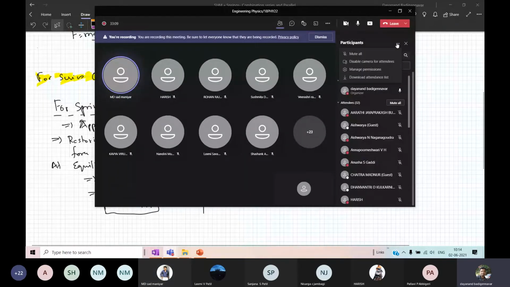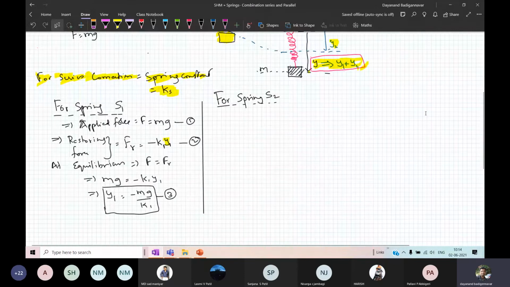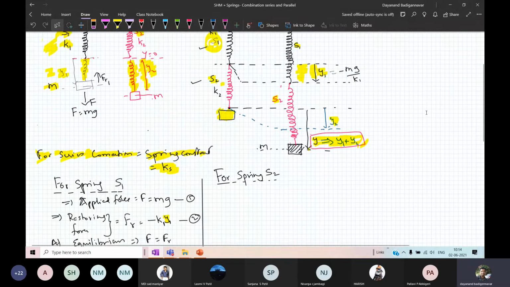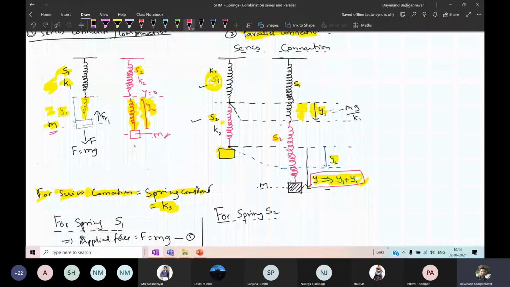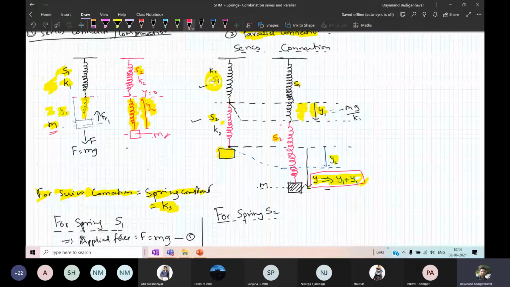So for spring S2 also you have to do the same thing. Now look here. When I apply a mass, the same mass is applied here also, M as well as M. Why? Because I am applying the same mass here in the series combination. So the mass that you apply will lead to a force M into G in the downward direction. This is the direction of the force M into G.